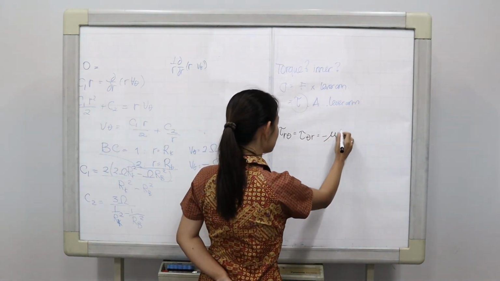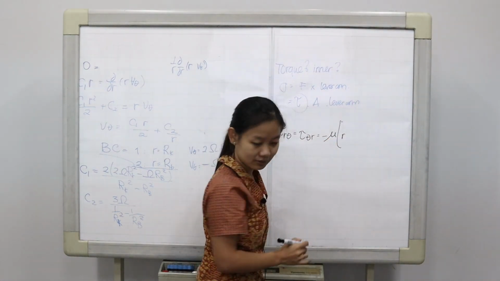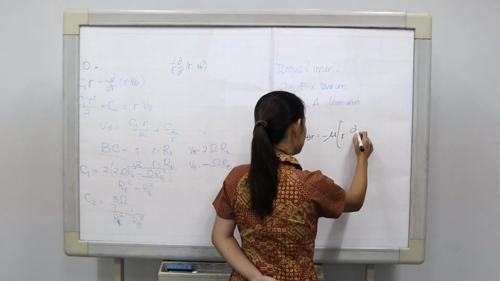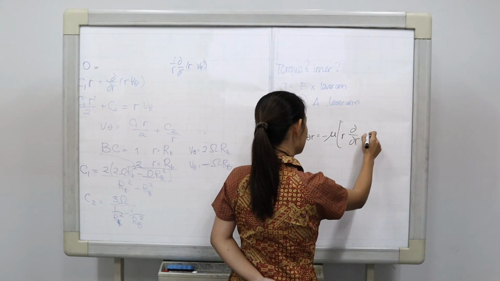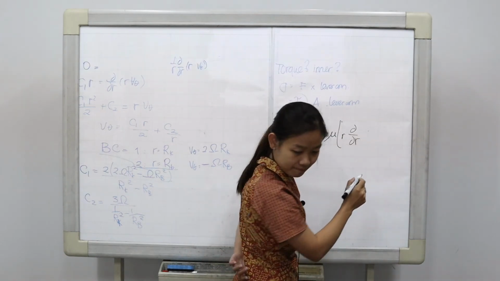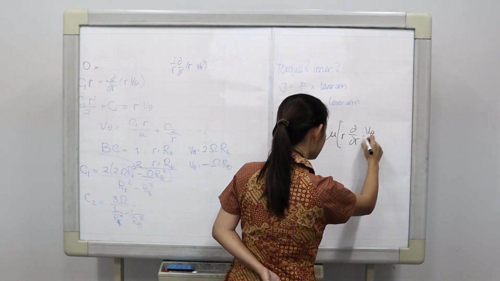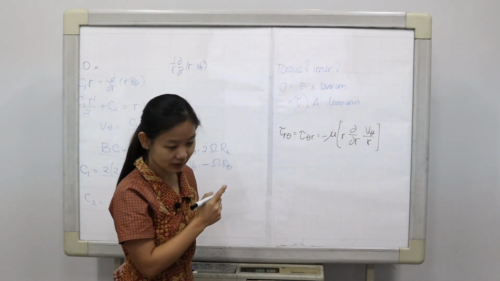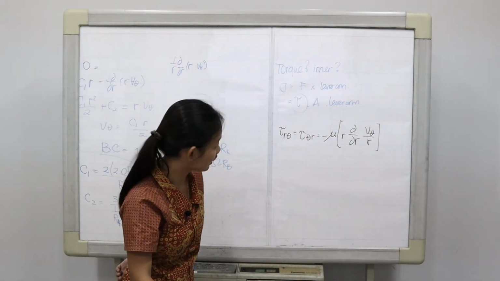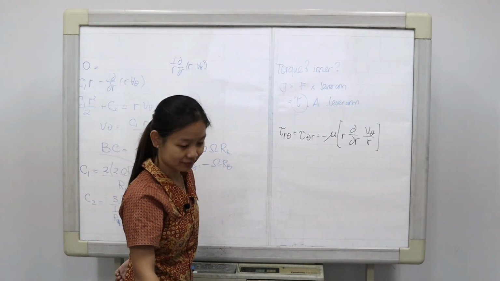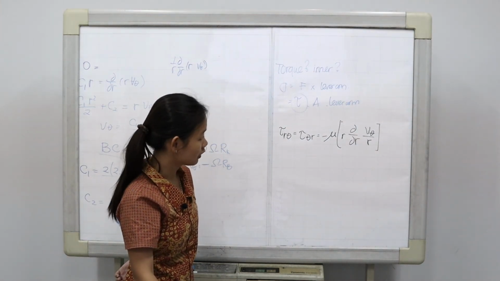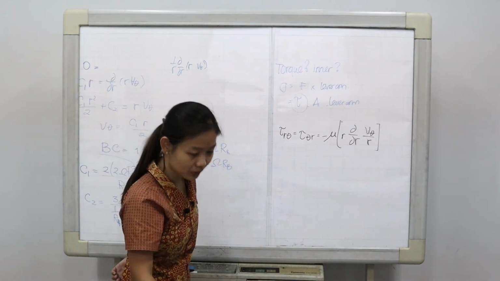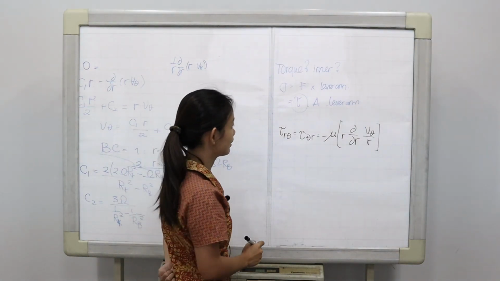This is minus mu r dou over dou r of v theta over r. Okay, so this is the equation for tau r theta: minus mu r, dou over dou r, of v theta over r.